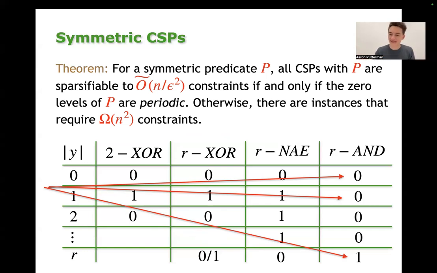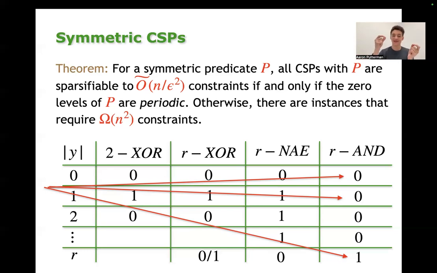And the way to understand this is that if you look at the first 2 levels of the predicate, when the Hamming weight of y is 0 and the Hamming weight of y is 1, it seems like the period should be 1, right? Because you have a difference of 1 between the 2 zeros. And so this should say, okay, that means everyone should be 0. But somehow you have a violation of this periodicity, because when you finally get to magnitude y equaling r, the rth level of this predicate, all of a sudden it turns into a 1.